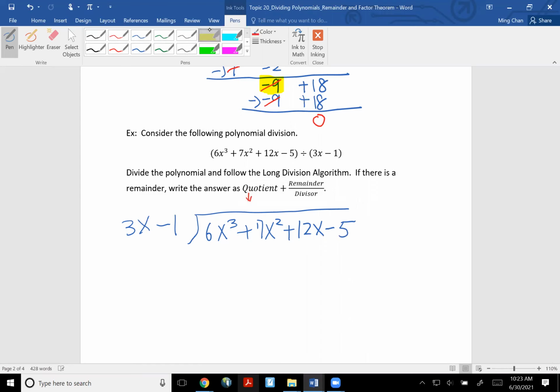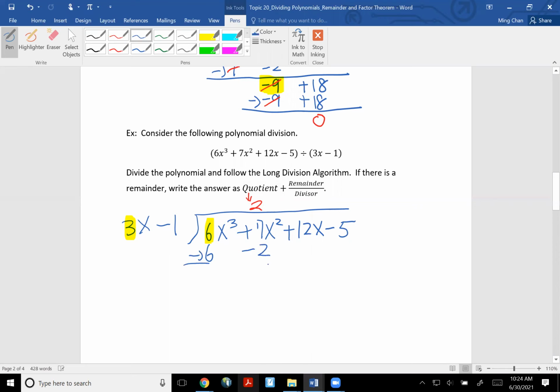Step number 1, take my first term on the outside, go into the first term on the inside. 3 going into 6 is 2 times. Once I write the 2 on top, I multiply it by the two terms on the outside. 2 times 3 is 6, put below the first term. 2 times -1 is -2, put below the second term.